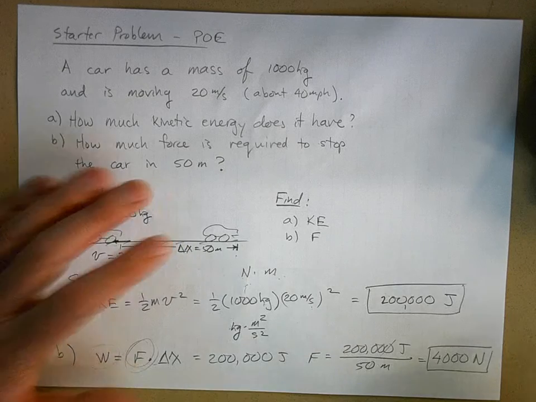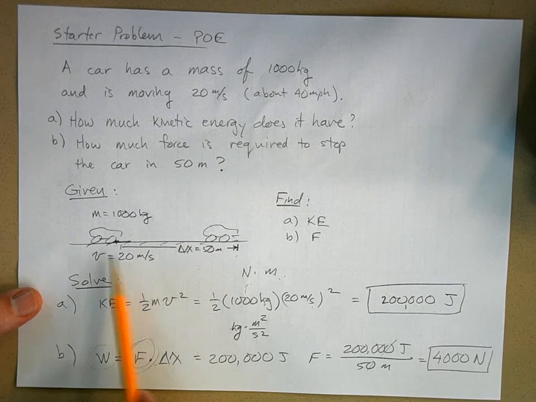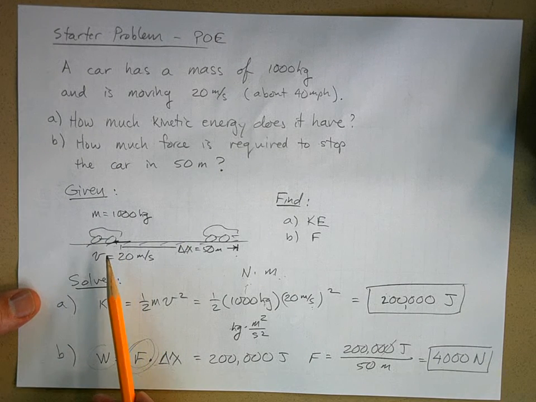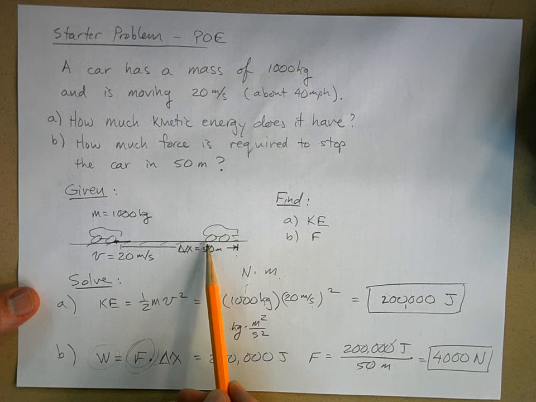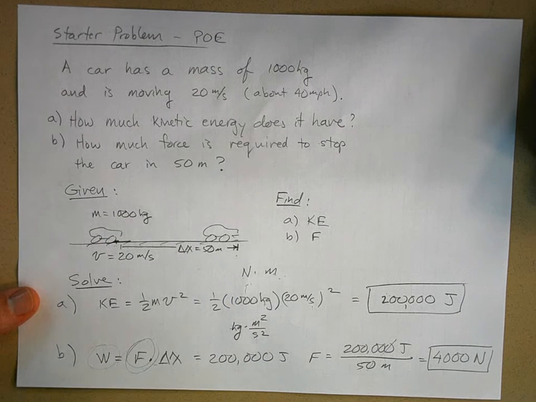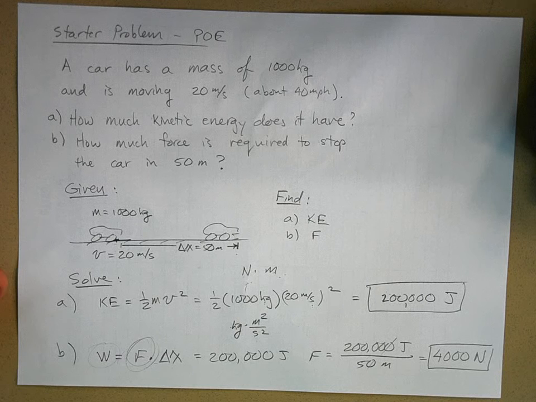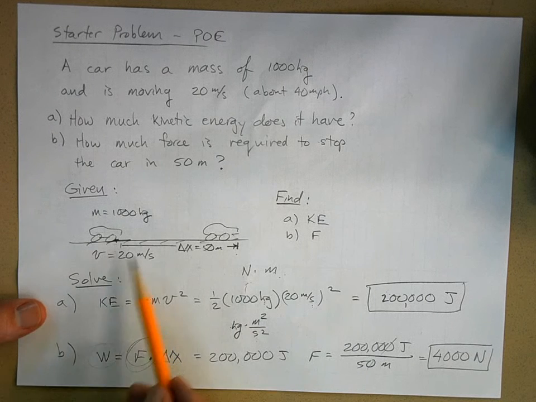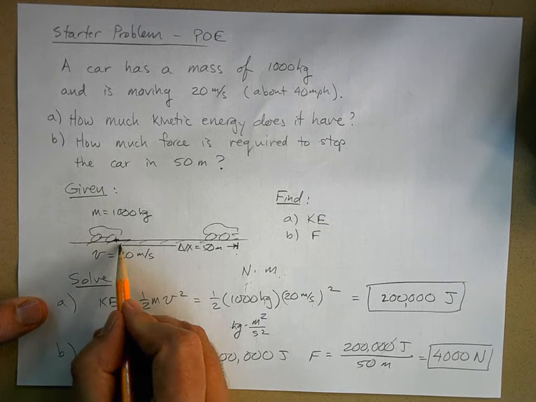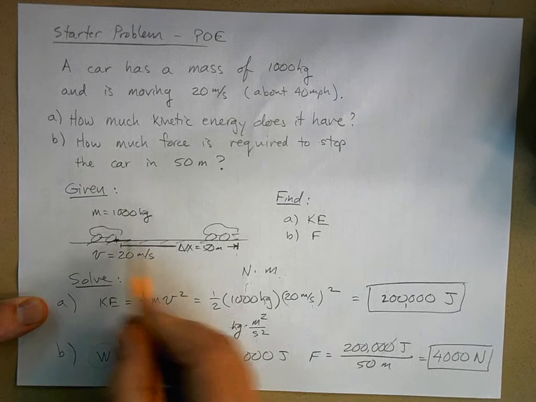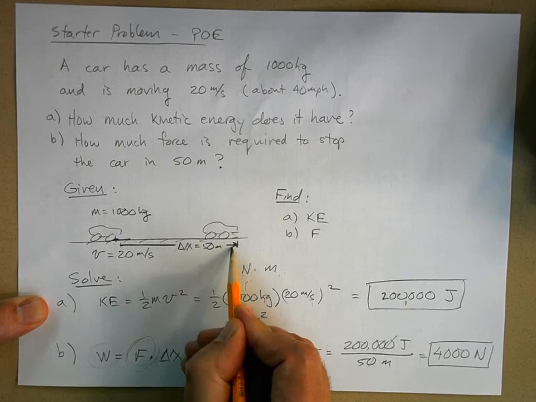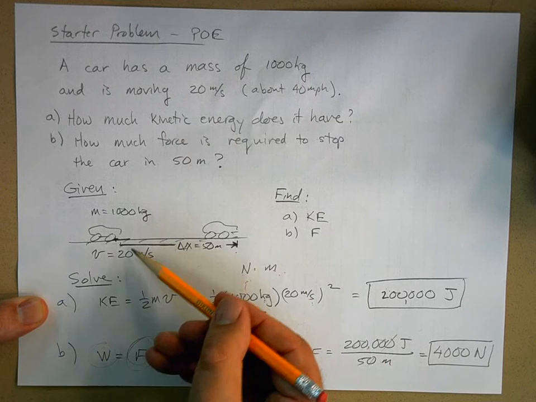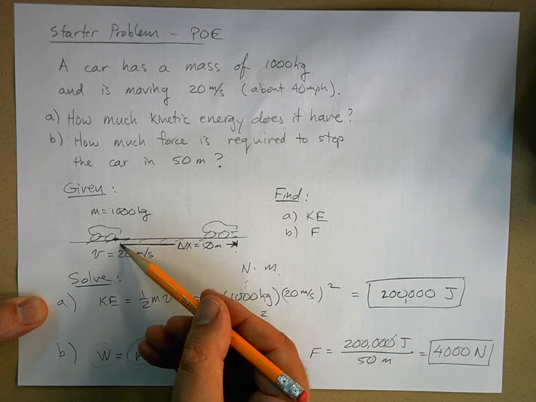Now, to take it away, do you see that the force needs to be to the left? If the car is moving to the right in this picture, the force has to be to the left to take that energy away. Notice that the displacement, the change in position of the car, is to the right even as the force on the car is to the left.